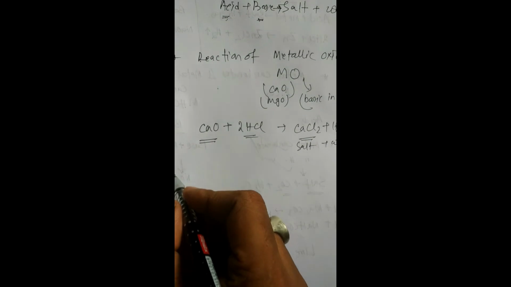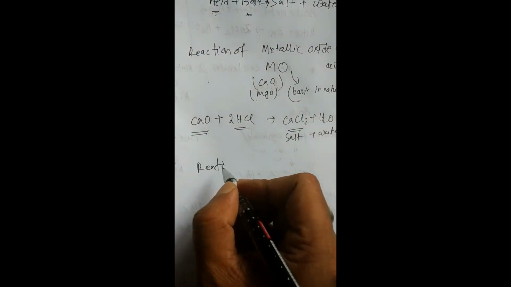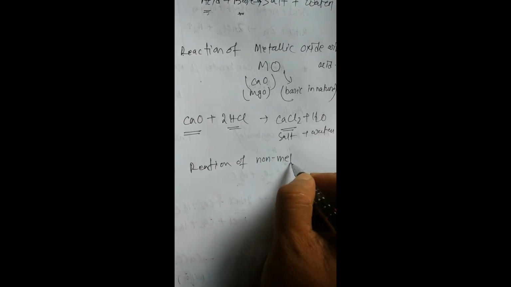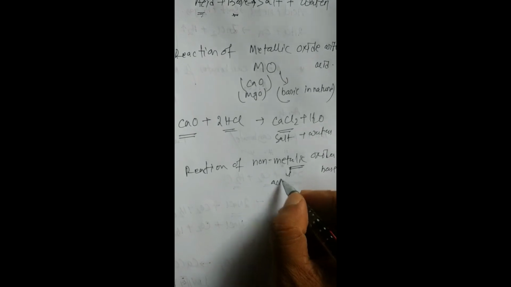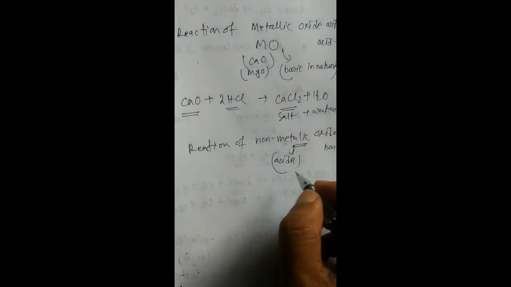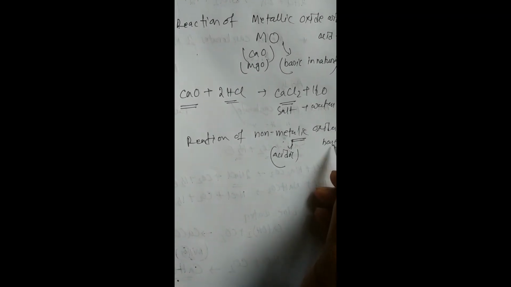Okay, and the next reaction is the reaction of non-metallic oxides with base, because non-metallic oxides are acidic in nature, and that is why they react with base. The same thing happens: non-metallic oxide plus base gives salt plus water.